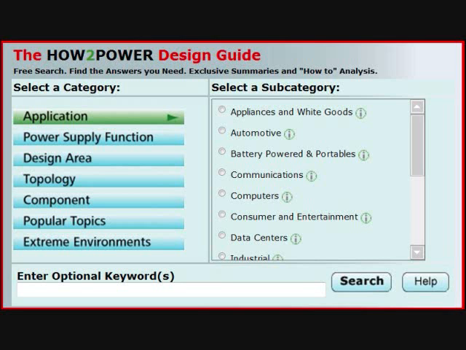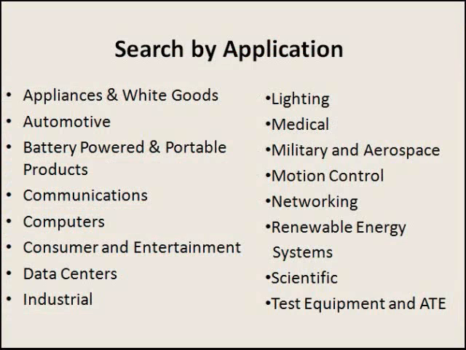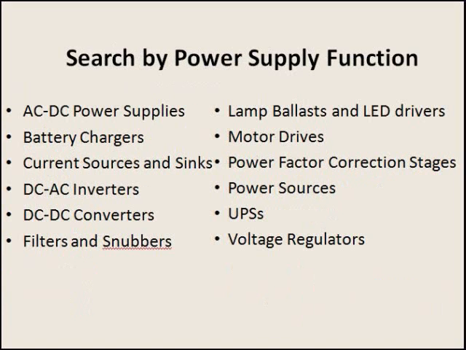The How2Power Design Guide features menu-driven searches that give you different ways to hunt for information. A search by application category enables you to search for information on power conversion as it relates to a specific application area. Another search category, the search by power supply function, enables you to search for information on power conversion as it relates to a specific type of power converter or power supply stage.